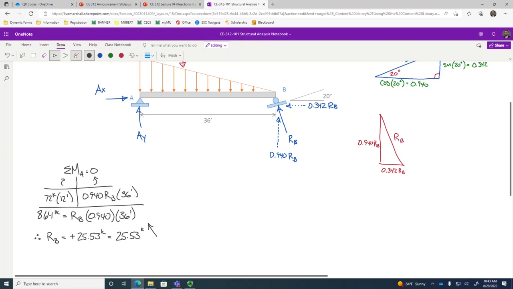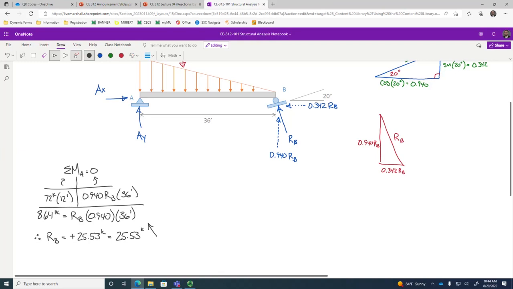Over here we have an AY and an AX that are independent of one another. Here we have RB, and this vertical and horizontal component is just me resolving RB into its independent components. So before I did the math, are you in agreement with the free body diagram? Okay. So if you're with me on that, then when we sum moments at A, all I'm doing is taking each component and accounting for it.